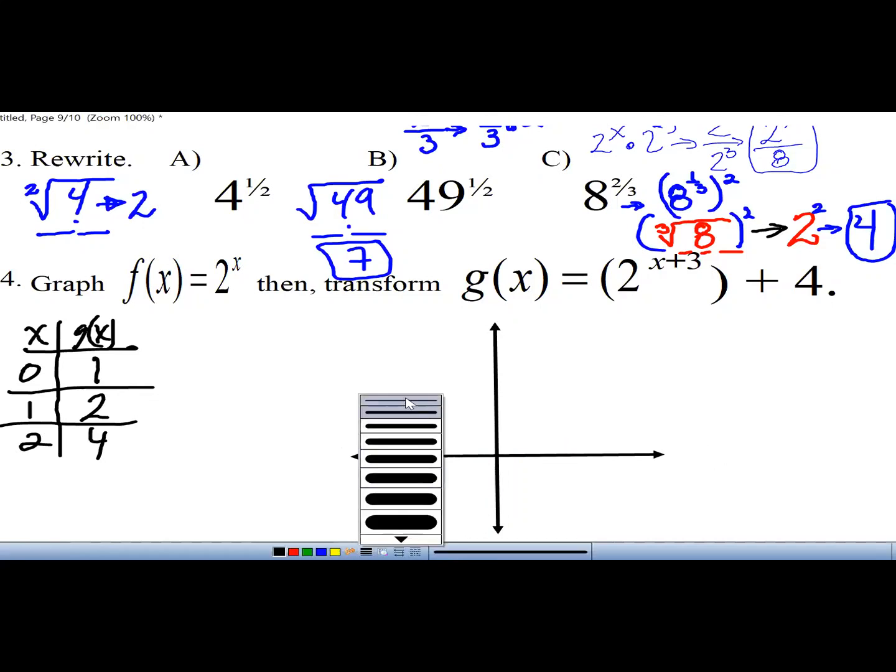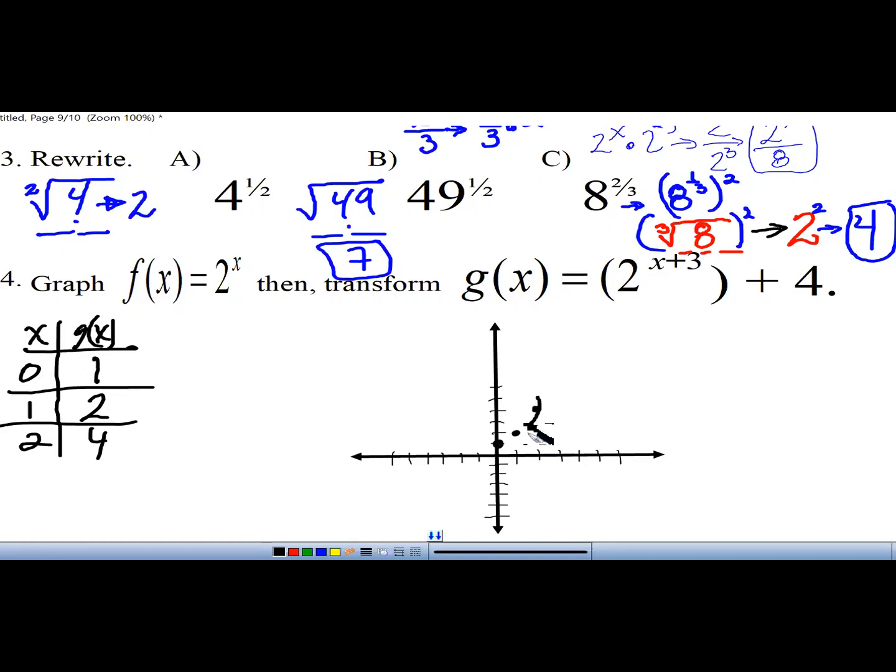So I'm going to make my tallies here. 1, 2, 3, 4, 5, 6. All right. So my parent function, I'm going to start from 0, 1, then 1, 2, and 2, 4, which is right there.